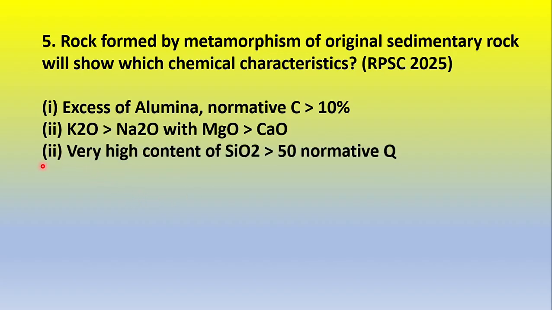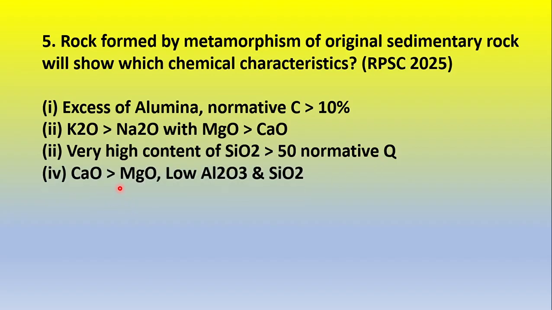This is option 3, very high content of SiO2 greater than 50%, normative Q. Number 4, CaO is greater than MgO and low Al2O3 and SiO2.